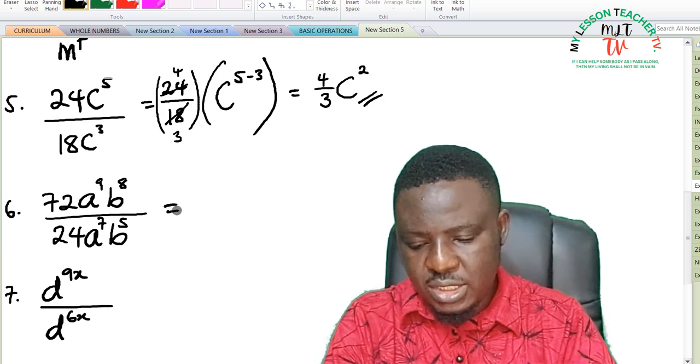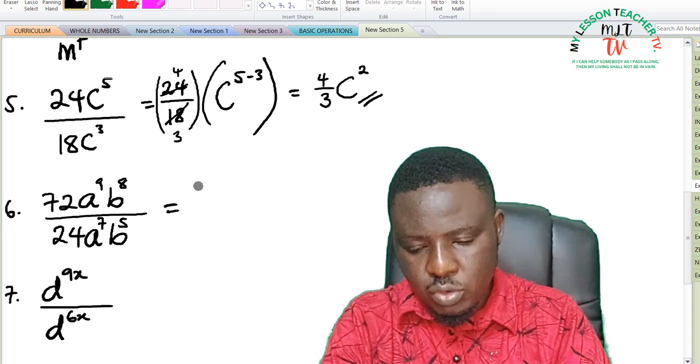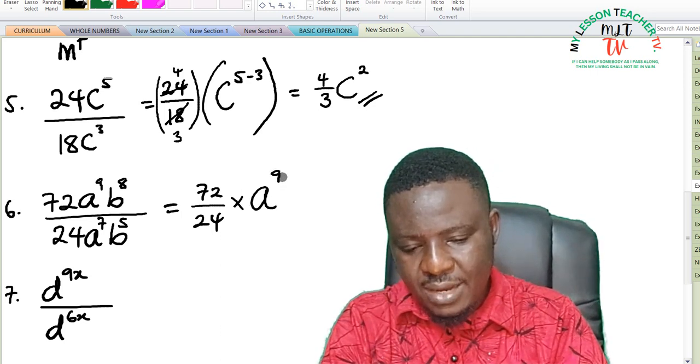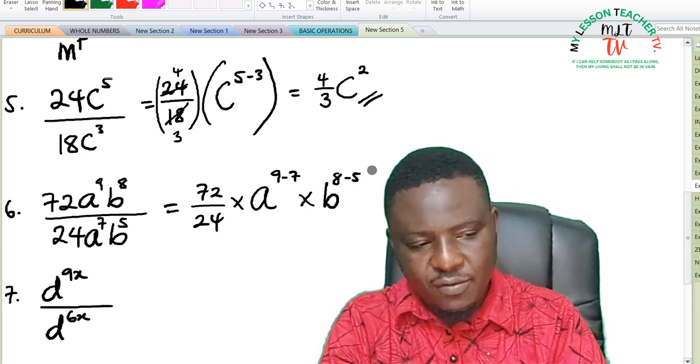While for question 6, this is equal to, you also divide 72 by 24 times a raised to the power of 9 minus 7 times b raised to the power of 8 minus 5.